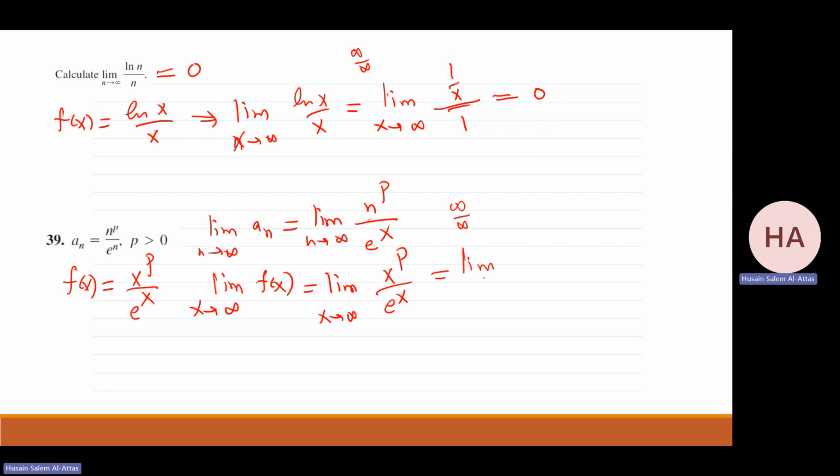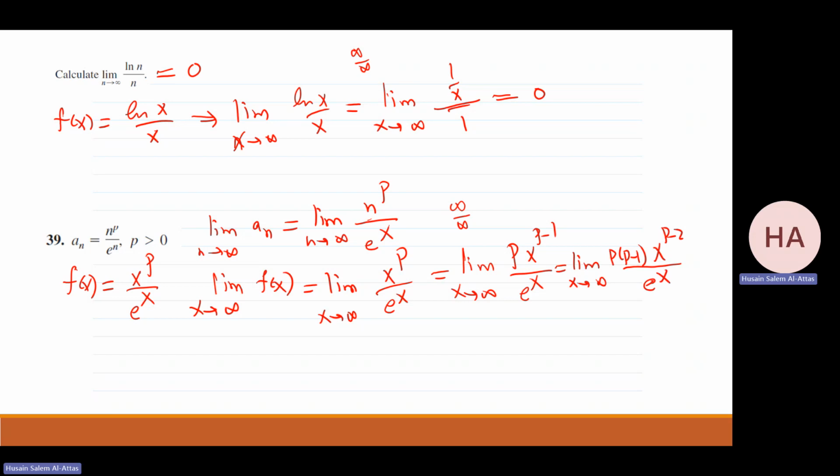What I will do, differentiate. I have p x to the power p minus 1 over e to the power x. I still have infinity over infinity. Do it again. I have the limit as x goes to infinity of p times p minus 1 times x to the power p minus 2 over e to the power x.